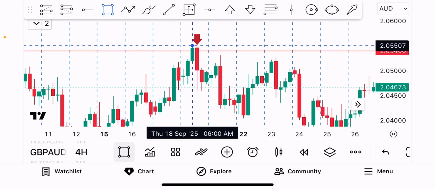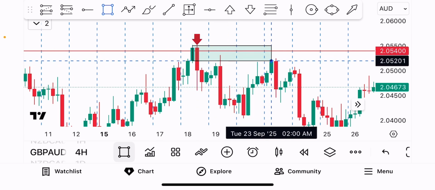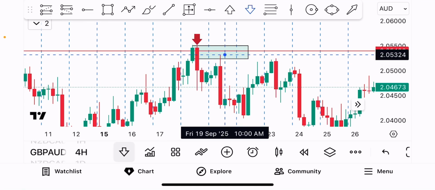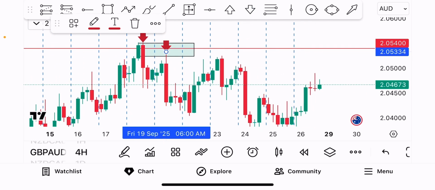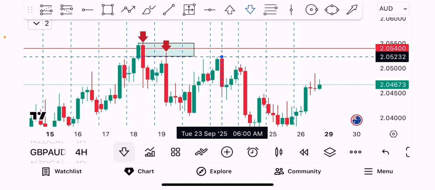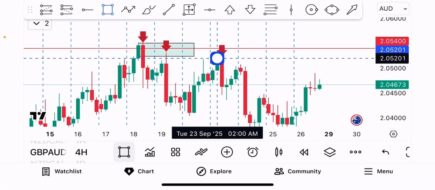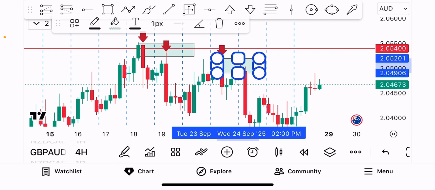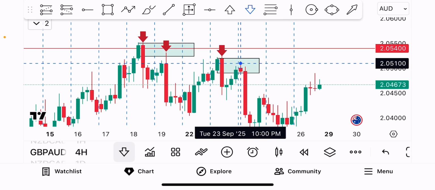If I highlight the last bullish candle before the engulfing candle, you can see that from here price tapped into that bearish engulfing candle and sold off. Also, the same thing happened here. We see this bearish engulfing candle, and if I highlight the last bullish candle before the engulfing candle, you can also see clearly that price tapped into that level and sold off.